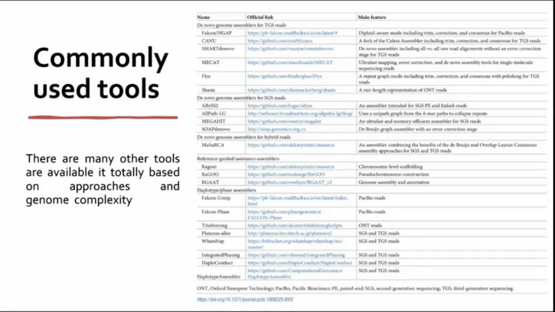MaSuRCA is also one of the good hybrid assemblers, and it has the algorithms of both de Bruijn graph and OLC concepts. Definitely I ran this particular tool, and it was giving amazing results as a hybrid assembler.